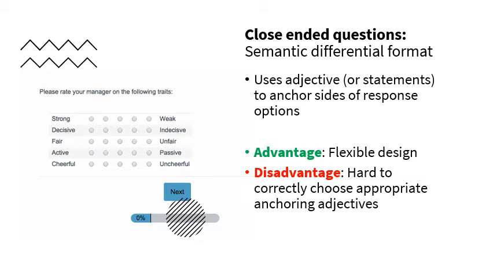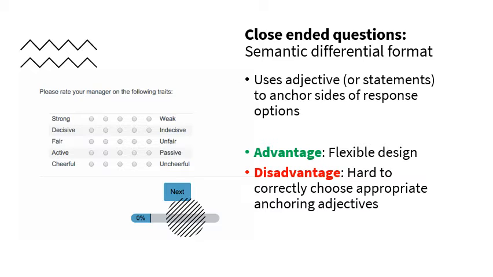An advantage to this is that it allows the researcher to have a flexible design in the way that they construct their surveys. Meaning that we can construct our surveys, we can analyze it in any way we want to, we can create the adjectives that we like. However, it's very hard to correctly choose appropriate anchoring adjectives, as there might be differences in the way that people define certain words.